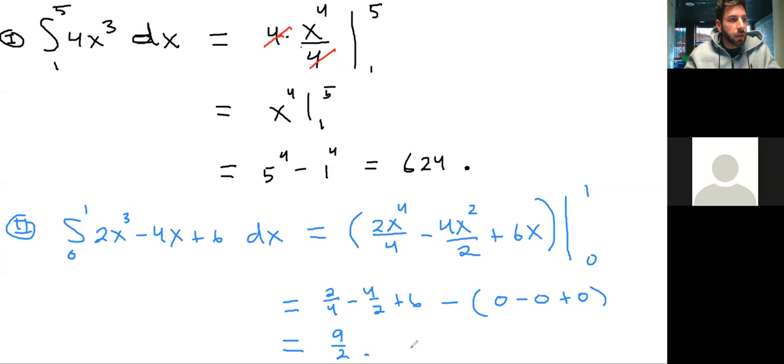The antiderivative in the second example is just right here, this thing I'm circling with my pen. Then the next step, I plug in the bounds: I plug in 1, then I plug in 0, then I subtract. In the first example, the antiderivative is what I'm circling here, the 4x to the fourth over 4. Does that make sense?